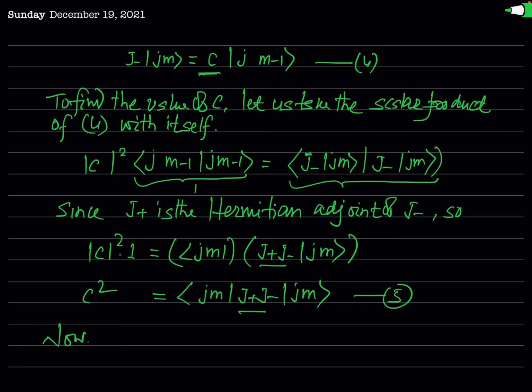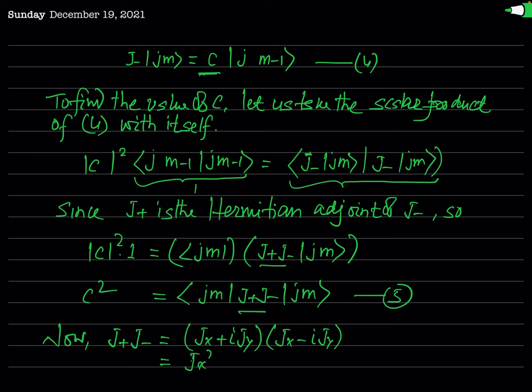Now you know this j plus j minus. From the definition of this raising and lowering operator, you know j plus is what? This is jx plus i jy. And j minus is what? This is jx minus i jy. Now take the simple product.